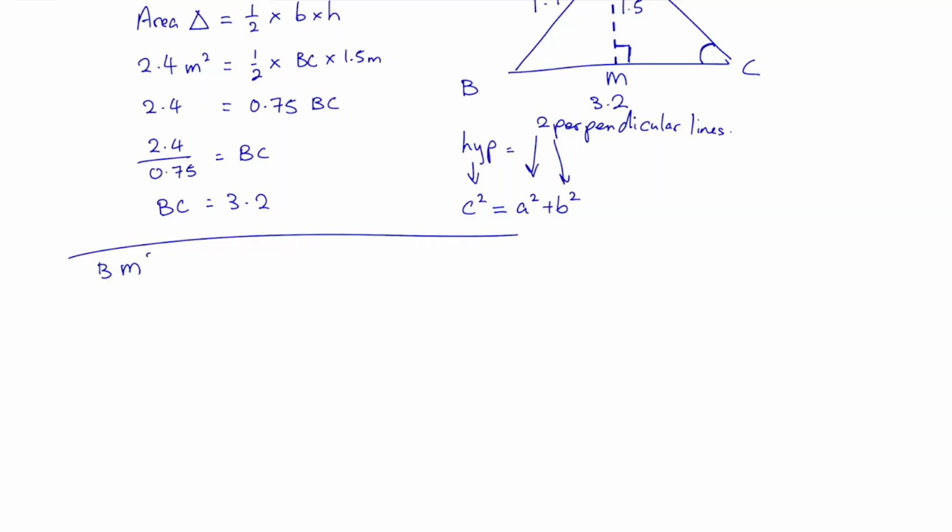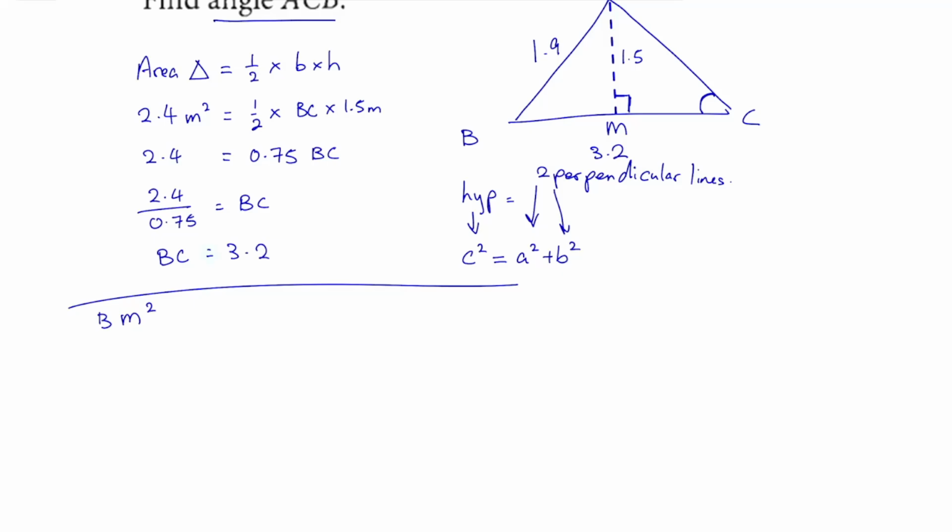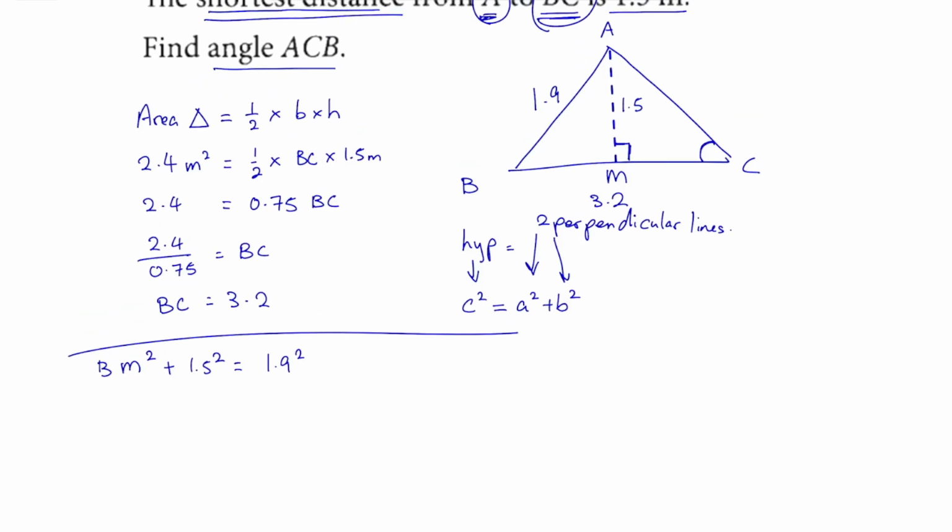So BM square plus 1.5 square equals to 1.9 square. All these numbers are taken reference from the triangle over here. So I'm going to make BM the subject.